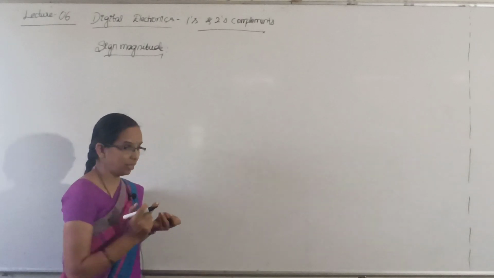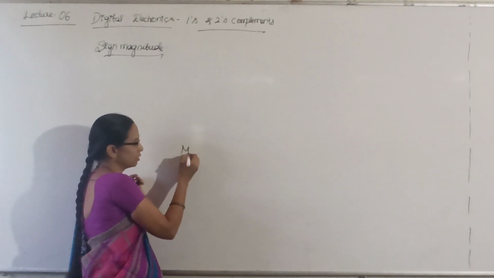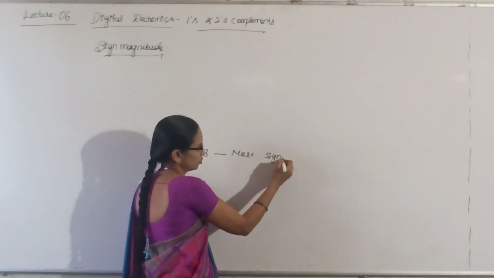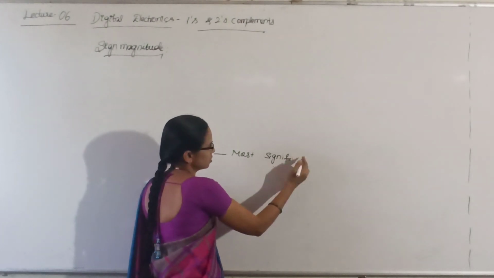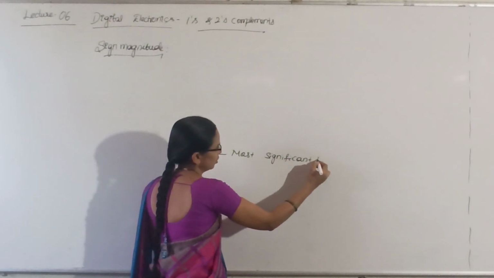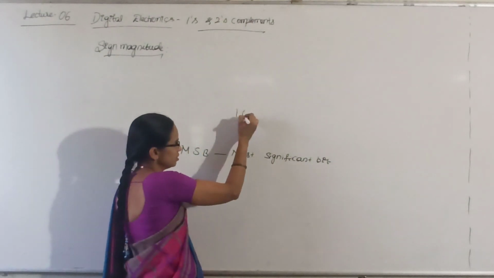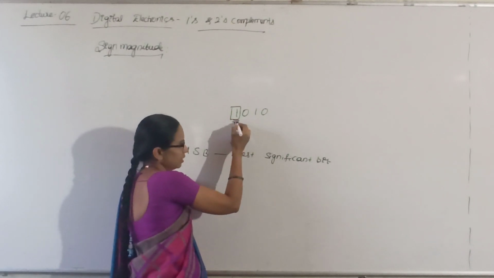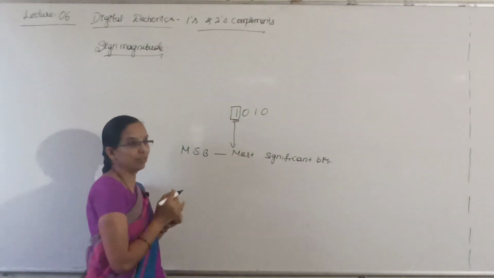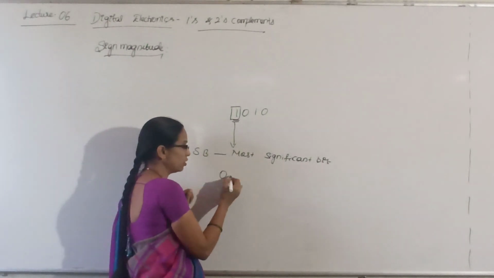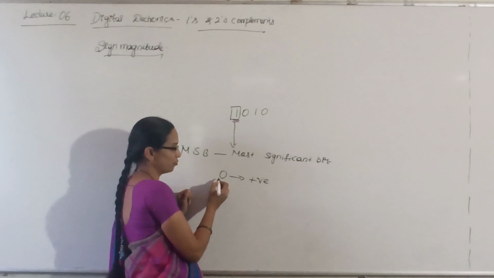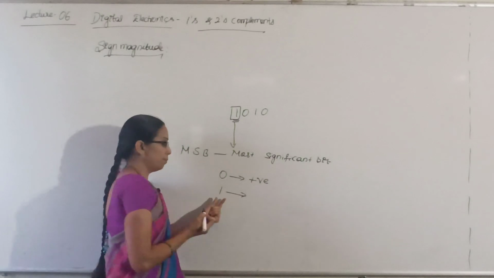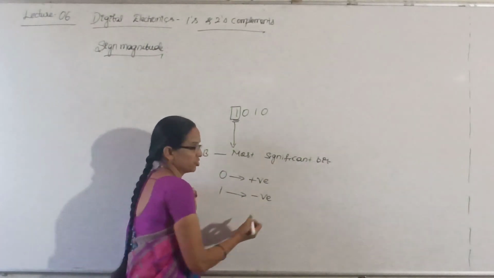So they have made the MSB, the most significant bit, represent the sign of the number, whereas 0 is used for positive numbers. If the MSB is 0, then it is a positive integer. If the MSB is 1, then it is a negative integer.